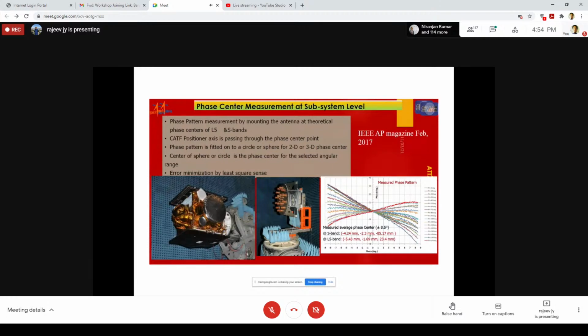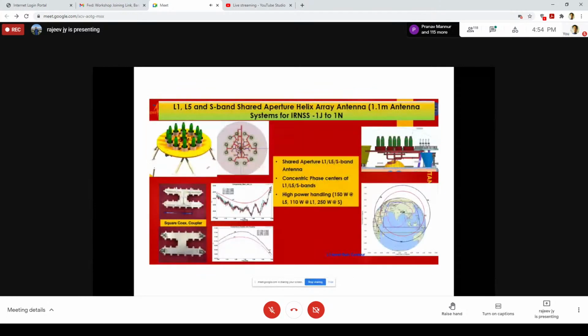This is one new technique which we established, and this paper came in IEEE AP magazine in 2017, and it covers this.